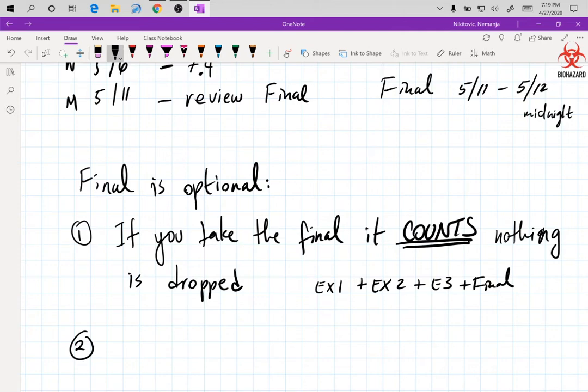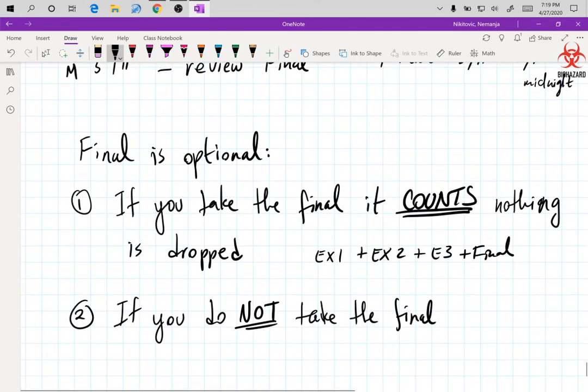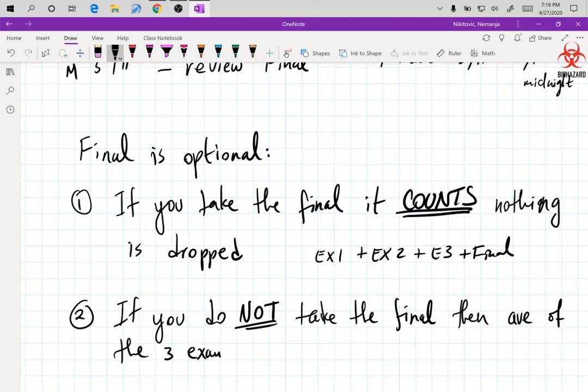Second option, if you do not take the final, then the average of the 3 tests is plugged in for the final.